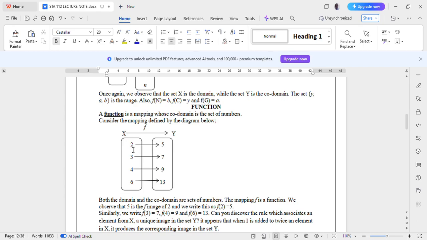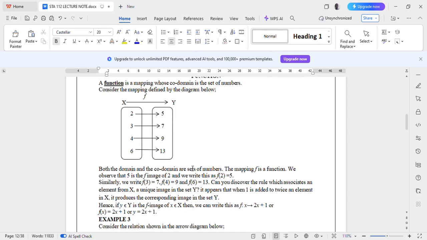We can see that the image of 2 is 5, the image of 3 is 7, the image of 4 is 9, and the image of 6 is 13.